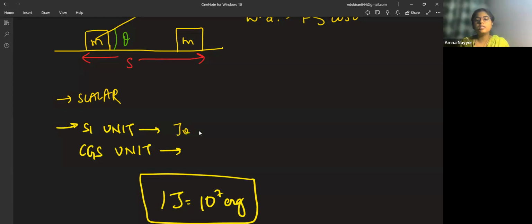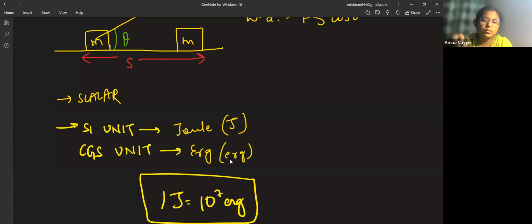SI unit is joule, J we represent, and CGS unit is erg. 1 joule is equal to 10 to the power 7 erg. Students who were there when we were discussing units and dimensions saw this through the formula N1 U1 equals N2 U2.